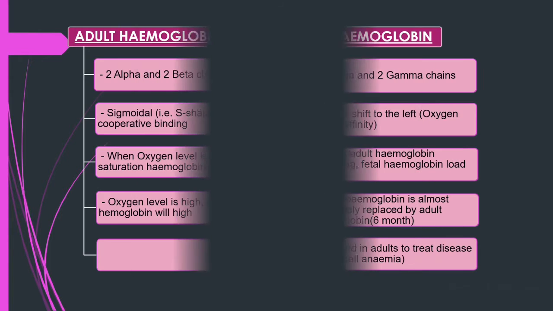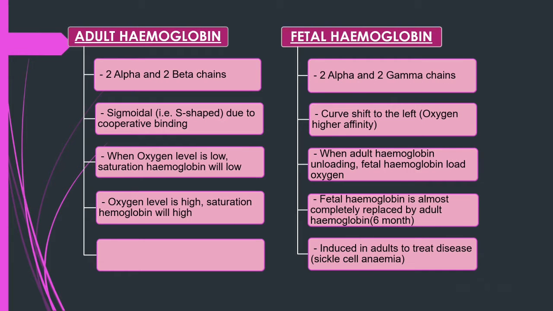Now, I will explain about adult hemoglobin first. Adult hemoglobin is composed of 2 alpha and 2 beta chains, while fetal hemoglobin is composed of 2 alpha and 2 gamma chains.